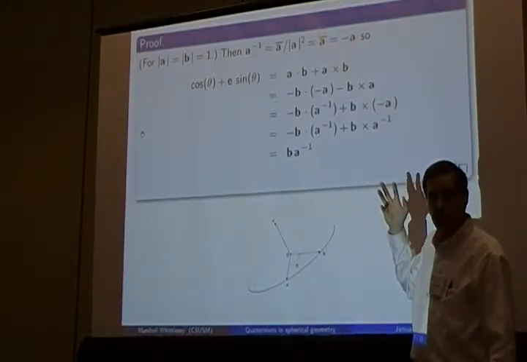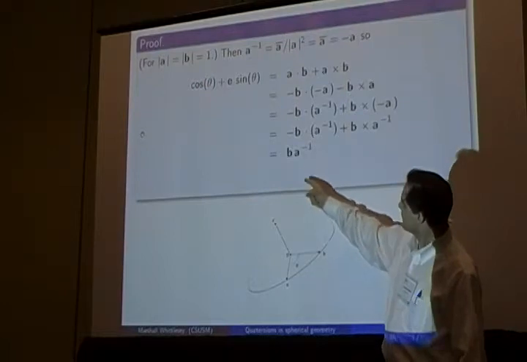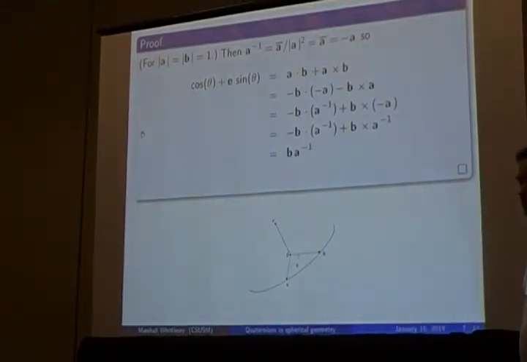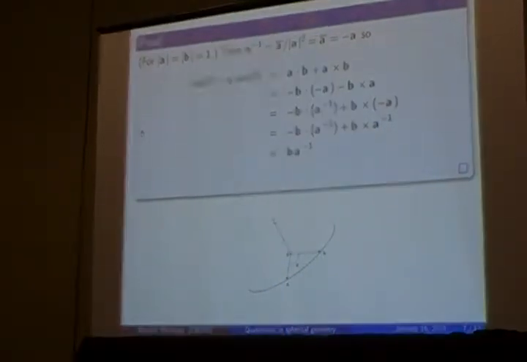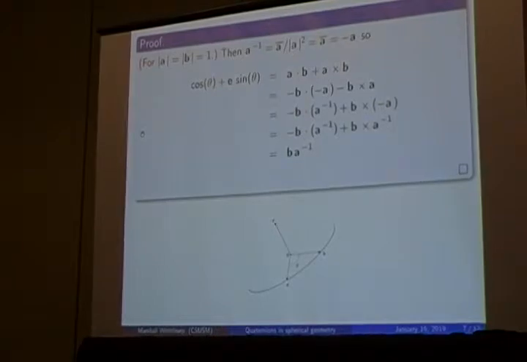And of course, as we saw a few pages back, that's just the quaternion product of the two vectors, BA inverse. So BA inverse is just that quaternion, cosine theta plus E sine theta. This connects quaternion divisions somehow with angles and rotations in 3 dimensions.